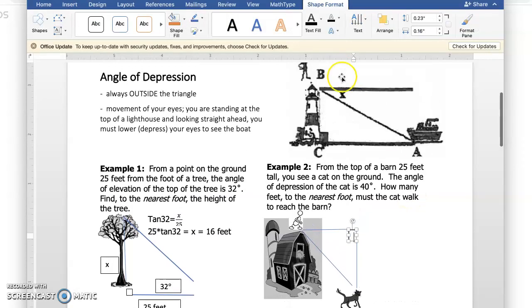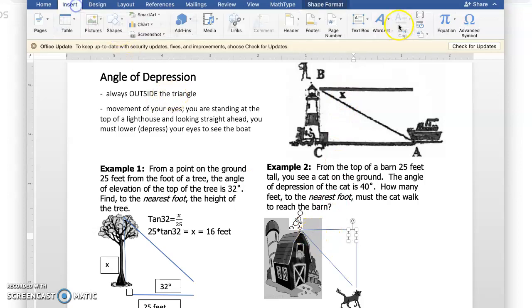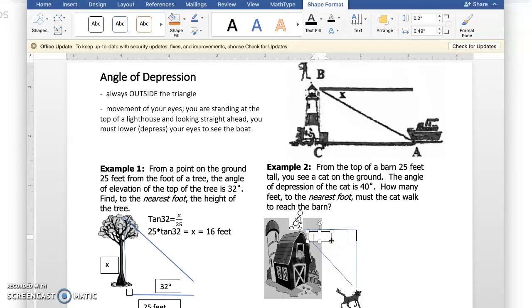Now for angle of depression, our angle is always directly next to the image on the top. So our 40 degrees will be right up here next to the barn. Here's our 40 degrees.